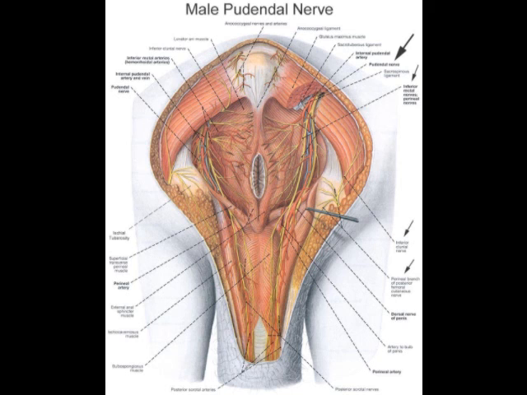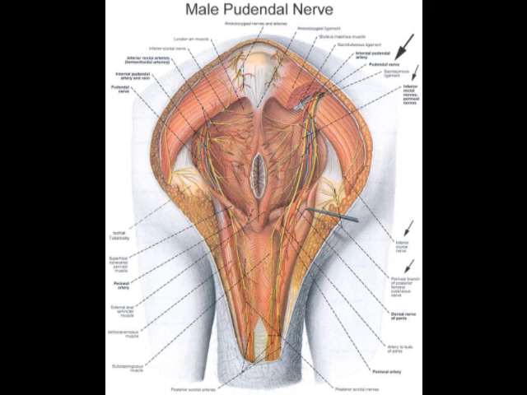Okay, now we're going to talk about a lot of different important nerves of the perineum in the male. Starting in the top left there, you see the posterior scrotal nerves, and then you see below that the superficial perineal nerves, superficial meaning closer to the skin or outermost part.